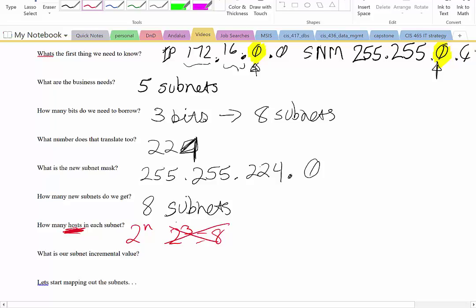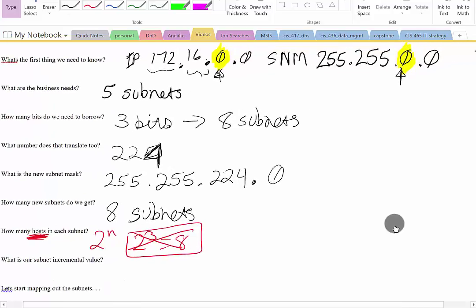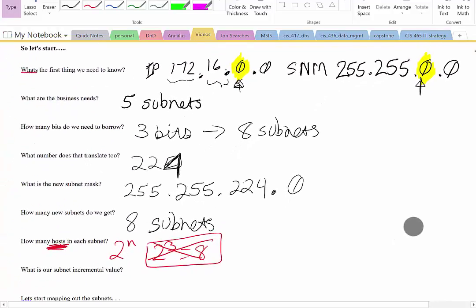So this is completely wrong. What you actually want to do is count up how many bits are left over in the host part of your network. Now, if you look up at the subnet mask, this tells you what part is reserved for the network. So the first octet is all used up for the network. The second octet is all used up for the network. And remember this part that we highlighted yellow? 3 bits from here are part of the network.